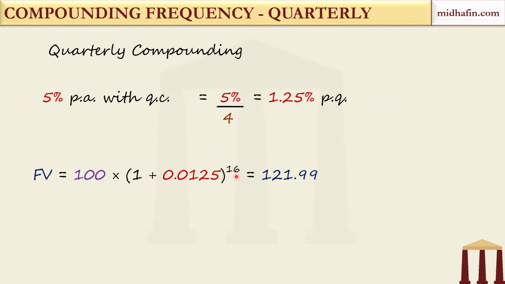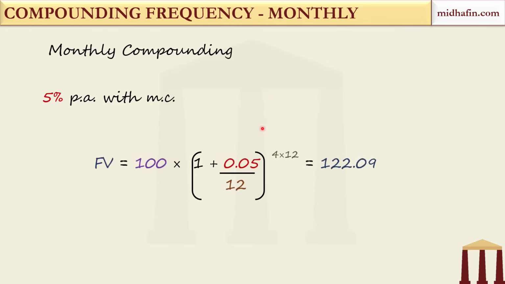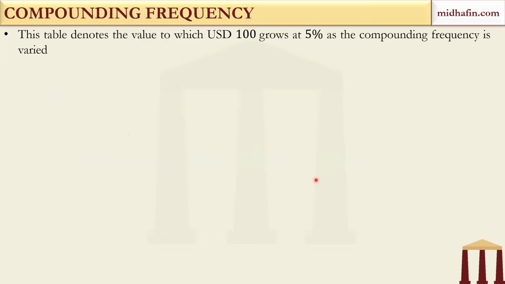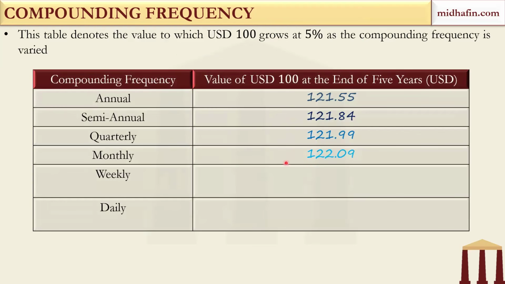Similarly, for monthly, you're going to divide the interest rate by 12, and then multiply the time index 4 by 12. So this is the table which gives all this data. You can see that there's a pattern.